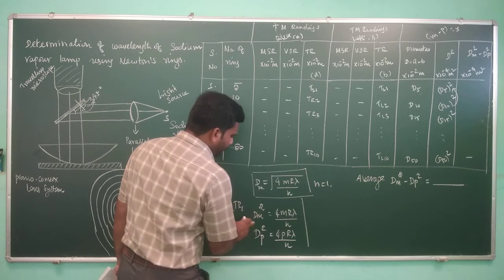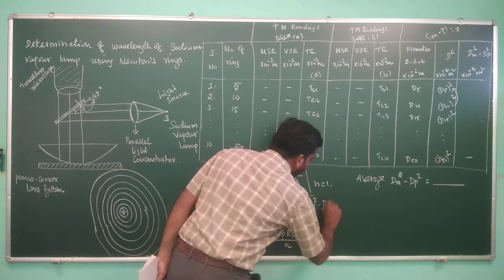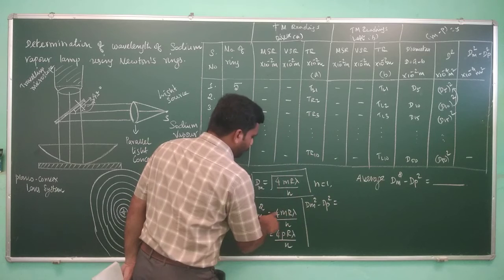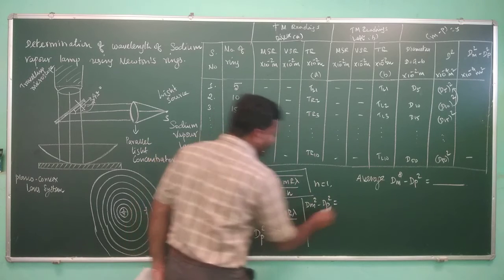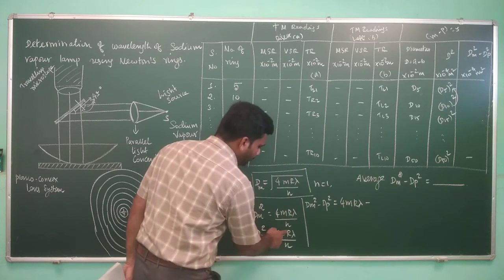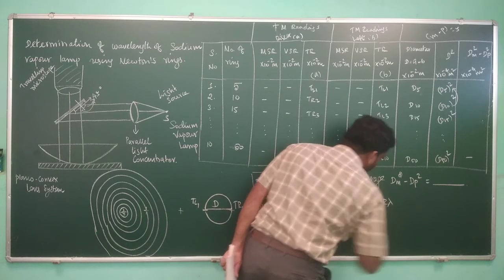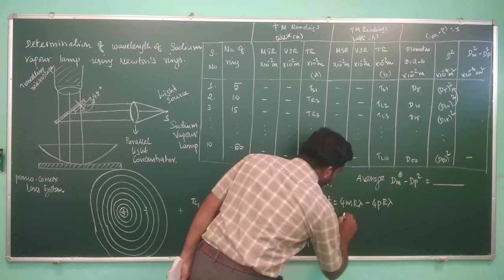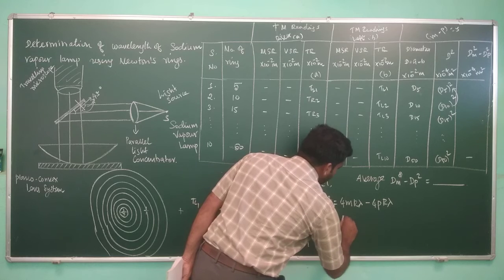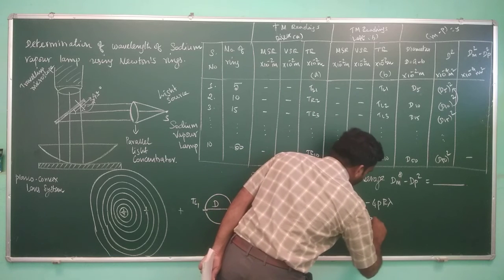Now if you write Dm square minus Dp square, you will get 4 m R lambda, n becomes 1, minus 4 p R lambda. We can take m minus p, so 4R lambda is common.